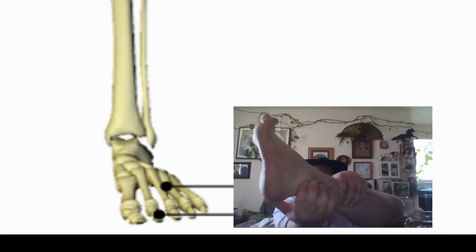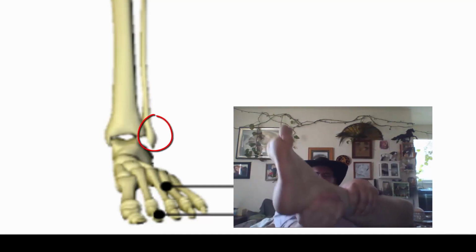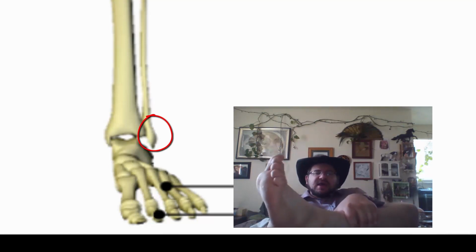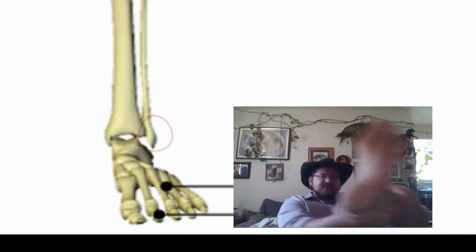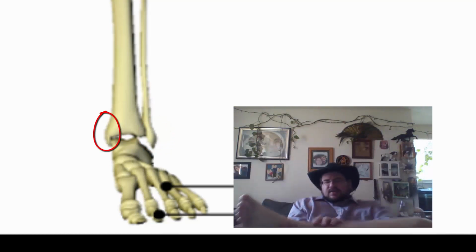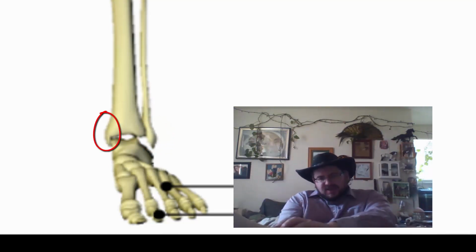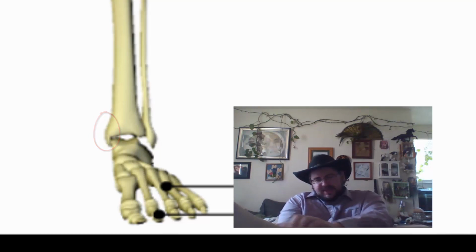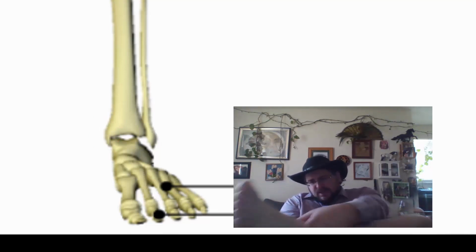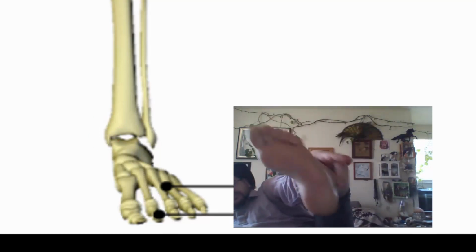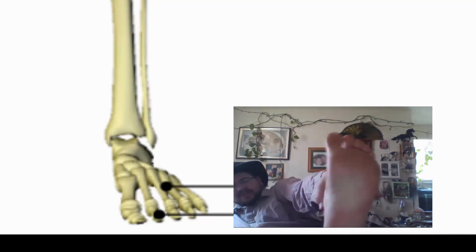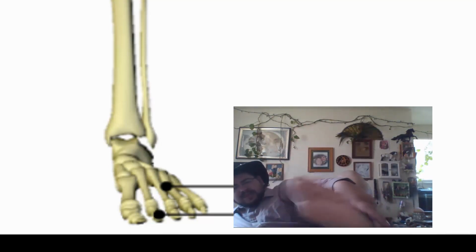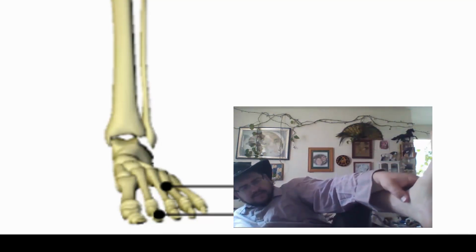In fact, right here, this is the very far end of the fibula, and then on the inside is the very far end of the tibia. So the actual smooth, hard portion of your ankle there is just the bottom ends of the tibia and fibula.